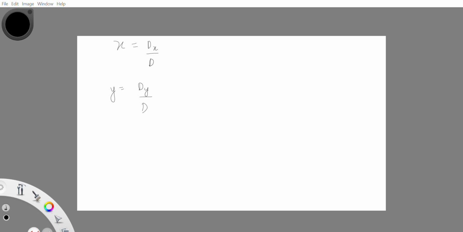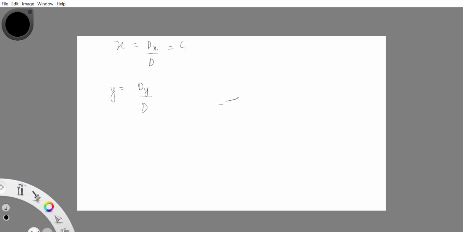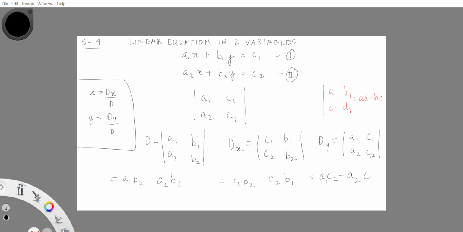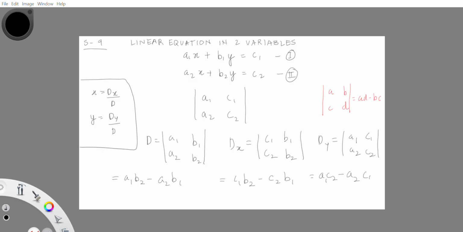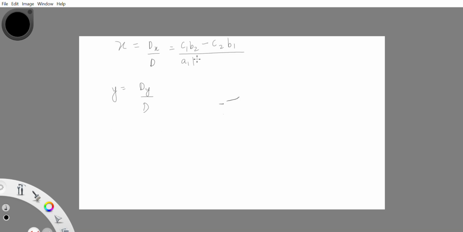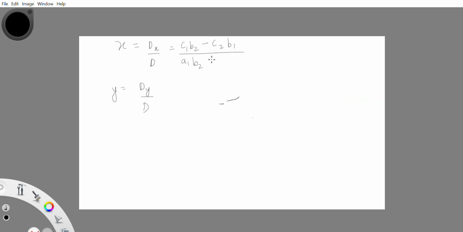So the value for x becomes, from the previous page, dx equals c1 b2 minus c2 b1, divided by the value of d, a1 b2 minus a2 b1. This is my value for x.